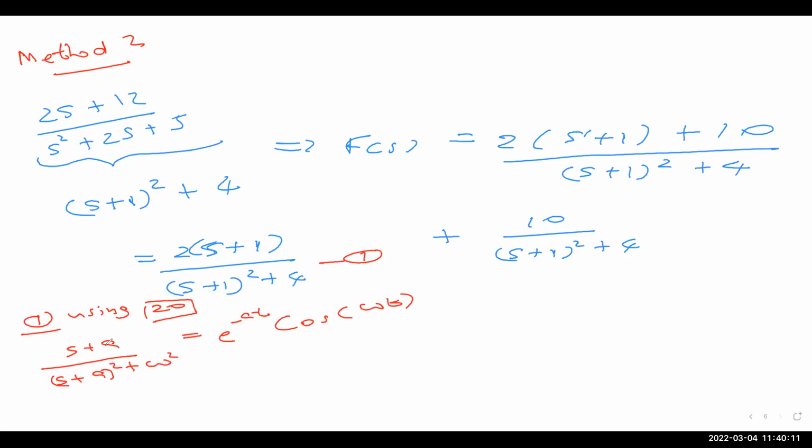These two can be different, but these two have to be the same. We have a in both these corners and omega here, so there's no issue. So a is equal to 1 and omega squared is equal to 4, so omega is 2, the square root of this.